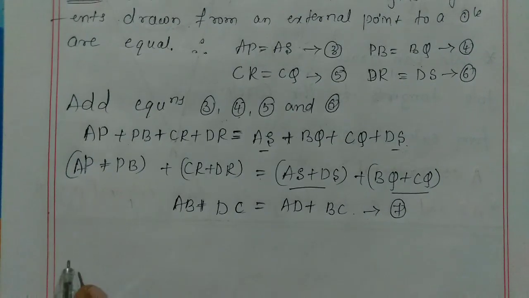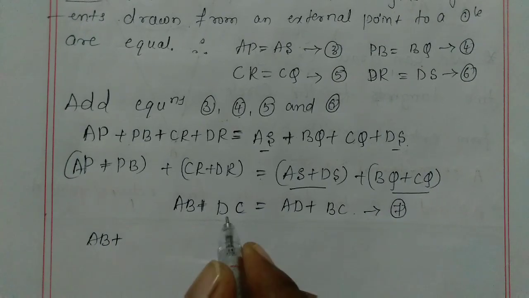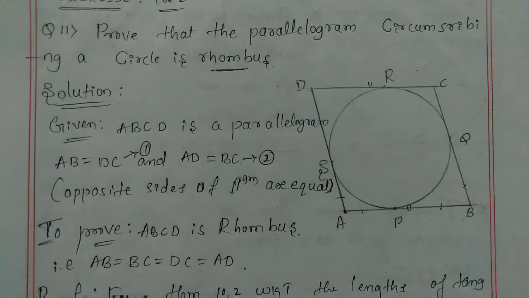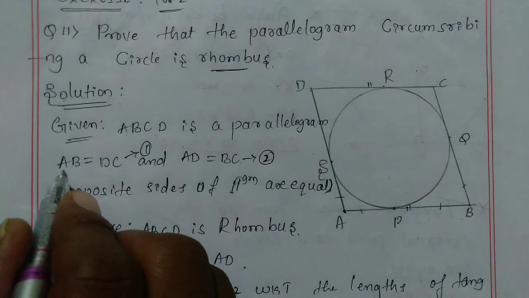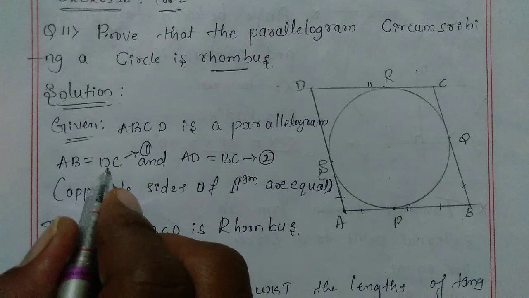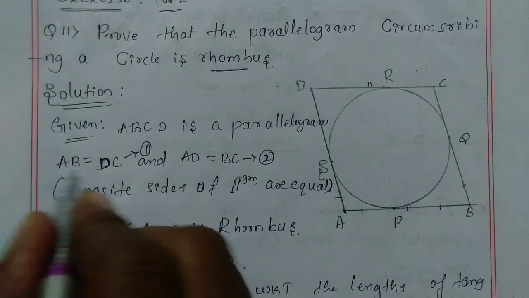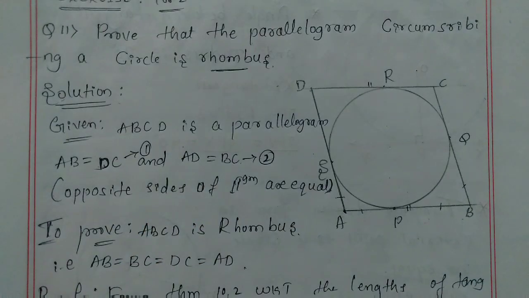Right. So next I will write this AB as it is, plus in place of DC I will write AB, because in first equation we got AB equal to DC. So that's why I write here in place of DC AB I will write, and also in place of AD I will write BC. Okay.